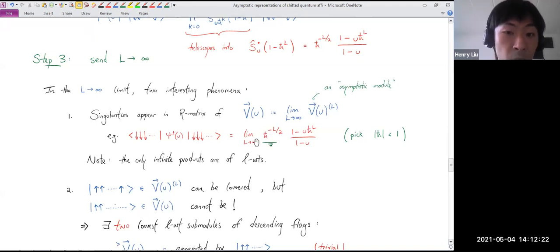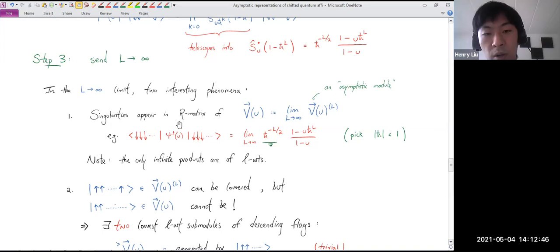And in fact, poles of this form are the only poles which will appear in the R matrix. Because when you think about it, when you extract matrix elements of the R matrix, like the VWth matrix elements, there's only a finite number of raising and lowering operations you can do to get from V to W. And everything else that happens in every other tensor factor must be a product of these psi's.